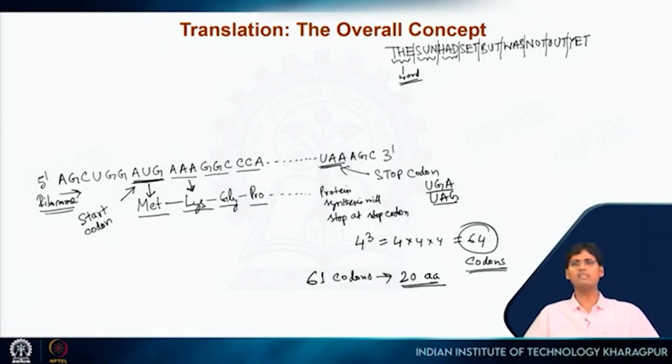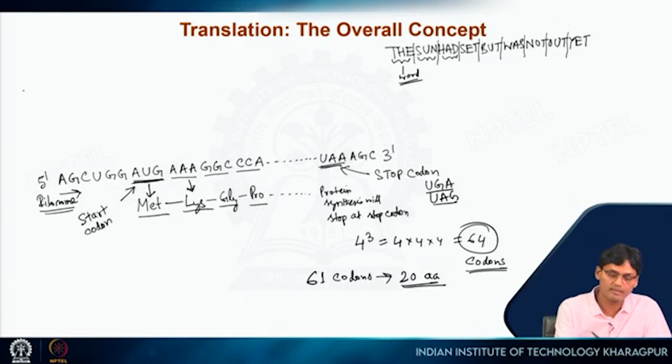But it is really hard to imagine how this would bring 20 different types of amino acids. So in this scenario, again, Francis Crick brought a hypothesis. He suggested something called the adapter hypothesis.